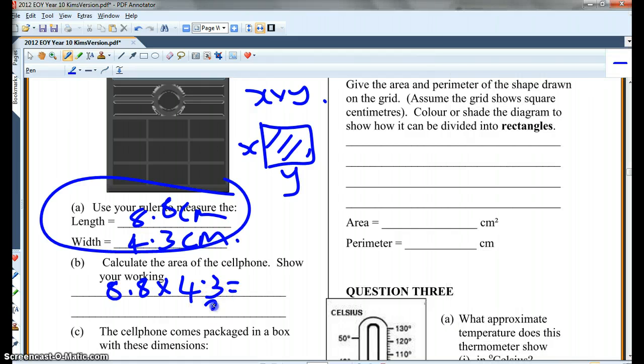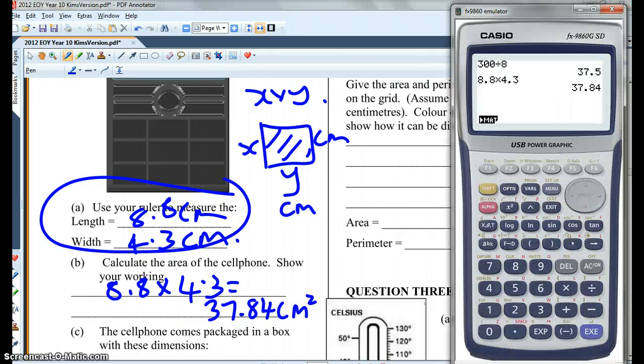So we're going to have 37.84 centimetres squared, because it was centimetres times centimetres, so it's centimetres squared. It would appear that the answer scheme has got a bit confused there, so ignore that.